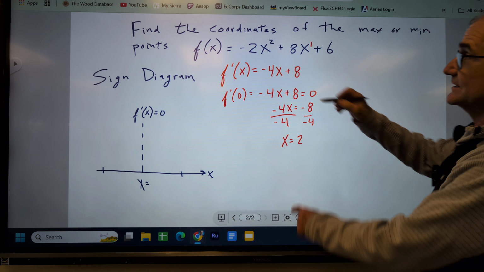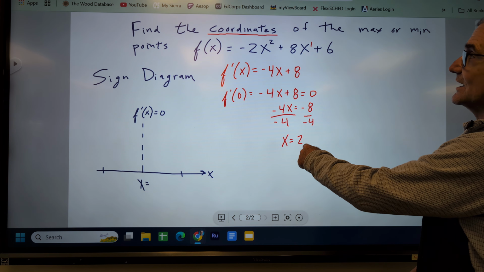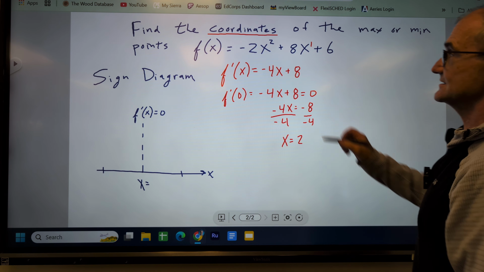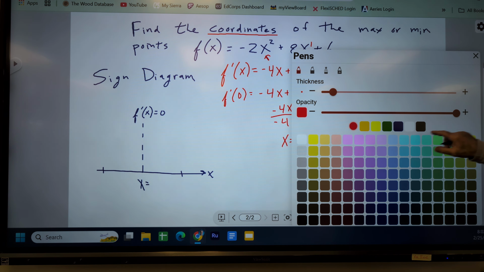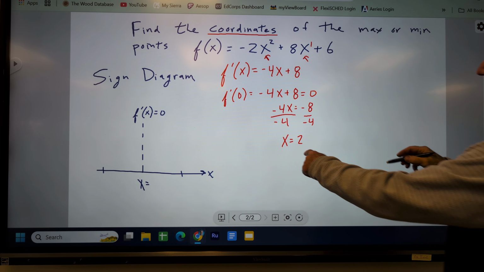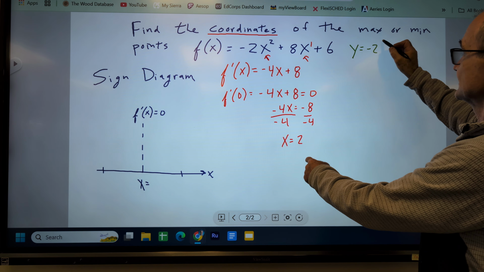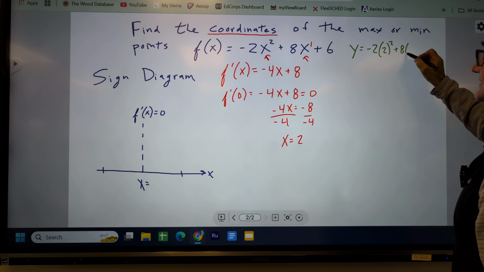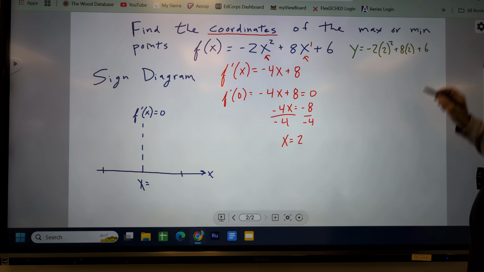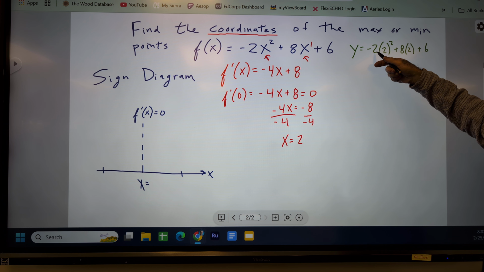I want a coordinate, right, which is an x and y value. So I need to find the matching y value for that. I'm going to take that 2 and plug it into the original function to find my corresponding y value. So when x is equal to 2, y is equal to negative 2 times 2 squared plus 8 times 2 plus 6. 2 squared, exponents first, is 4. 4 times negative 2 is negative 8.